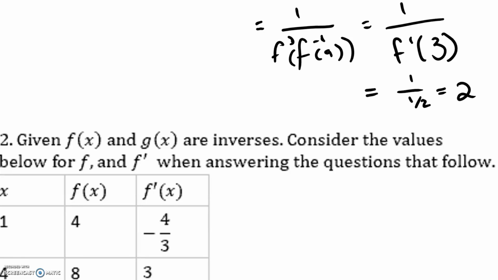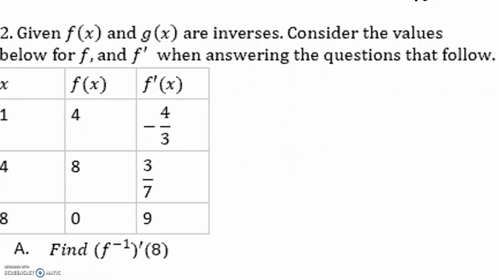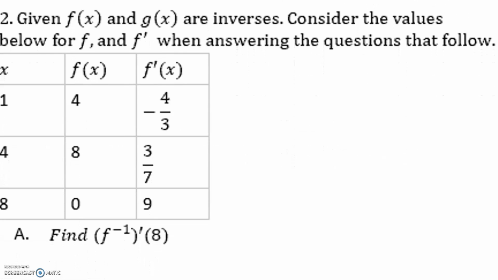Now we're going to be looking at a table, and hopefully I didn't mess up this problem as well. But now we're talking about two functions, f and g, where g is the inverse. So this is using the other notation for an inverse. So we had that alternate definition where the inverse was the function g of x.